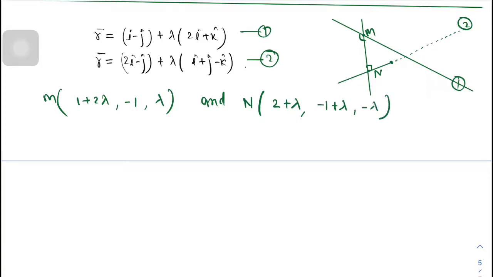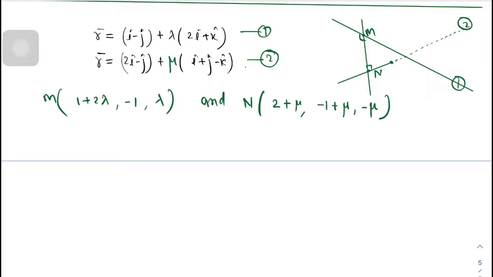So these are the 2 points. Let me write some other letter here in place of lambda, because we know that these two numbers are not related. If we write lambda and lambda, then we may get confused. So this is minus mu.